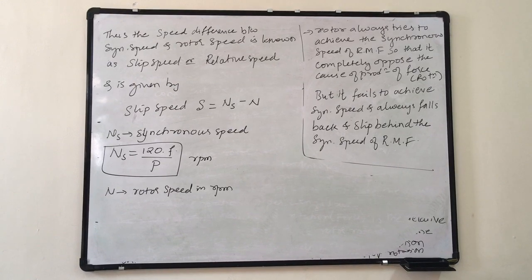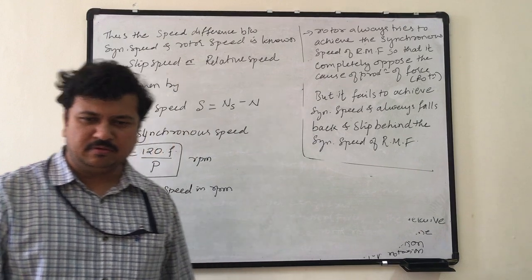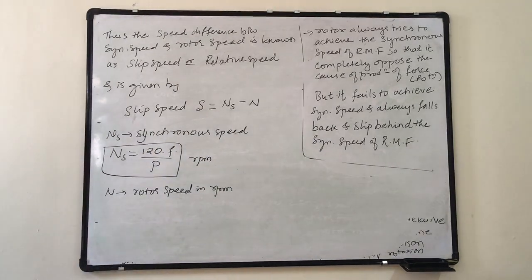But generally we don't represent slip speed in rpm, we represent it as percentage slip.